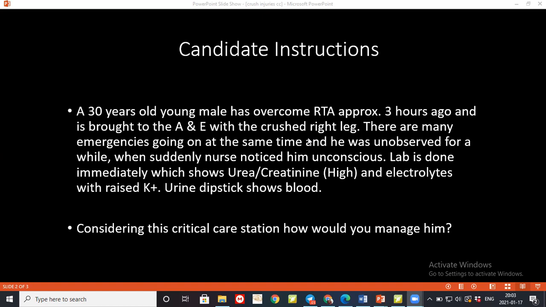The patient has a crushed leg, which means crush syndrome, leading to rhabdomyolysis, which releases intracellular components of skeletal muscle cells into the bloodstream, which is myoglobin and other substances, which flow to the kidney and cause acute renal injury, which is why urea and creatinine are high.